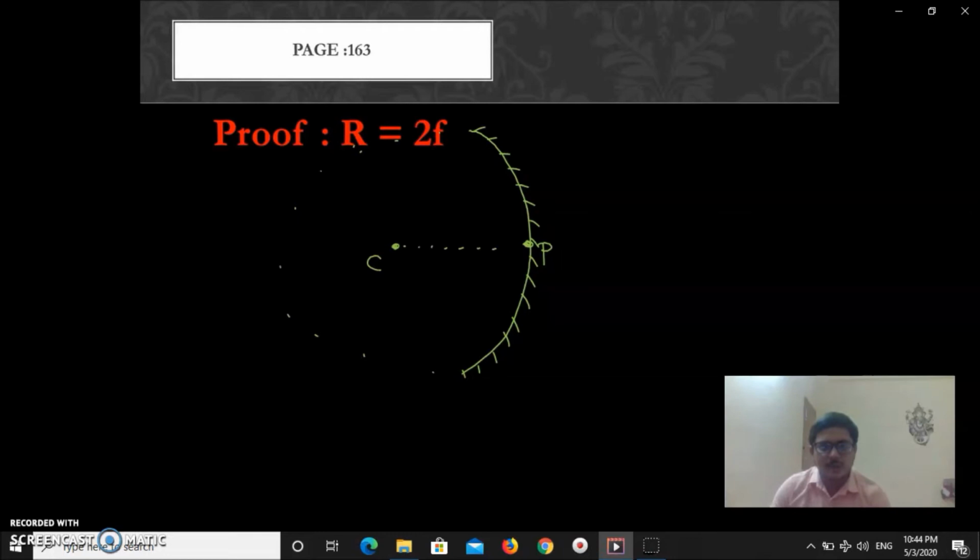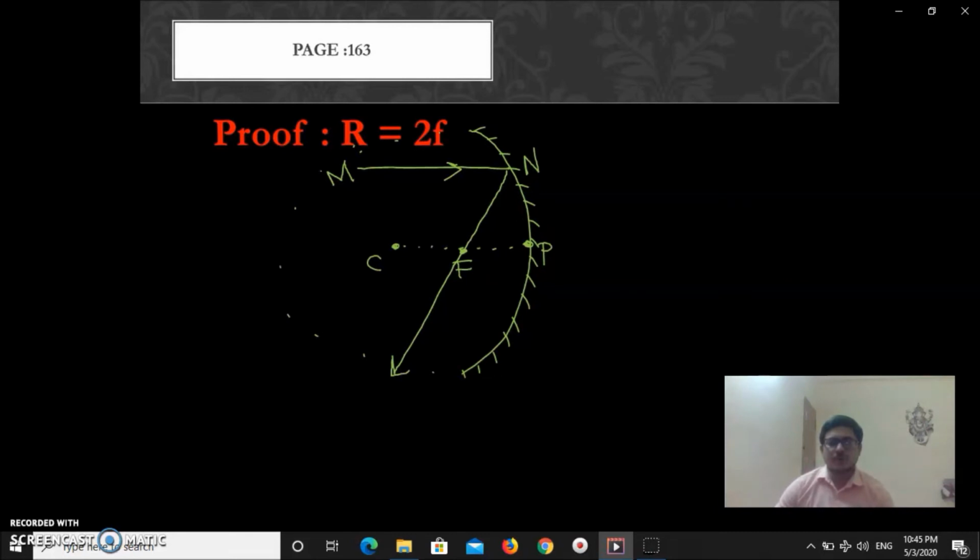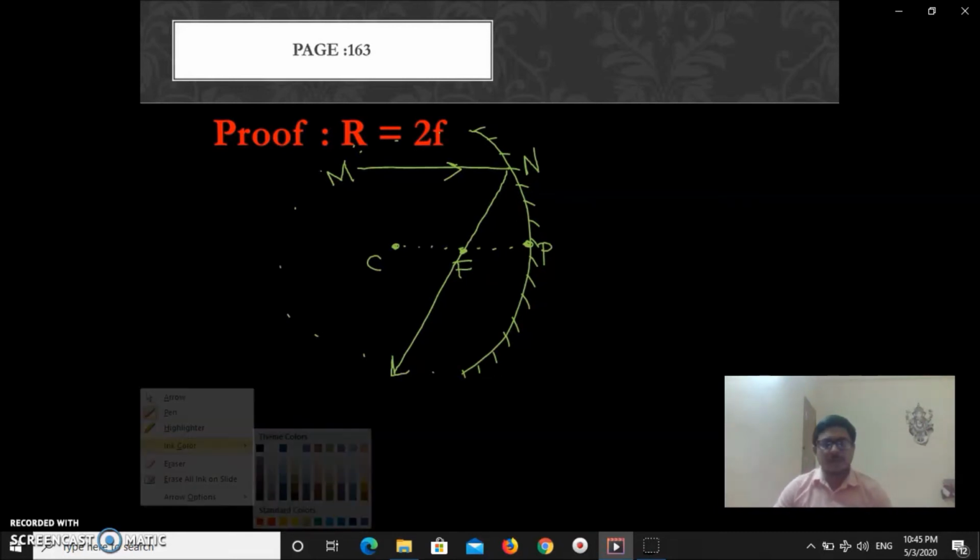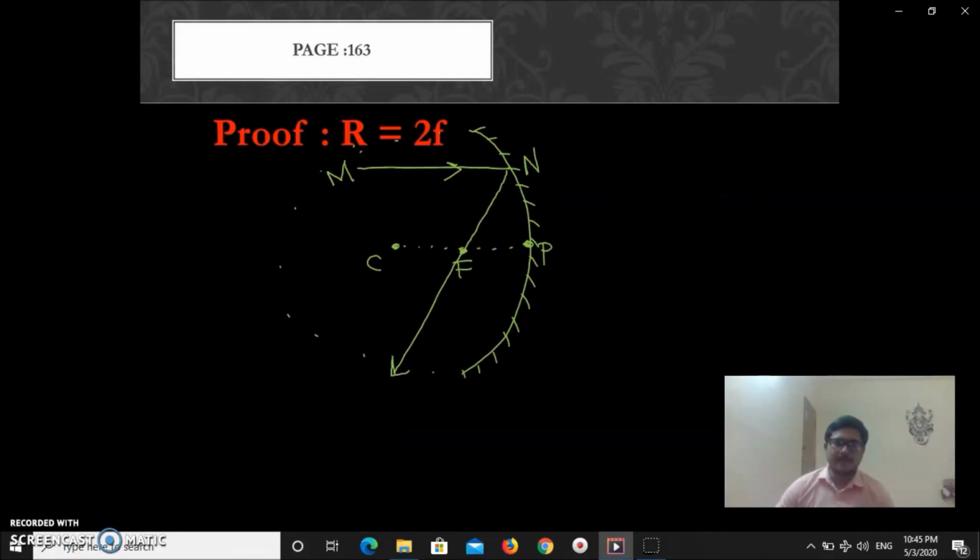Now I can join it by an imaginary line, that is the principal axis, with the middle point, focus F. I know if any parallel ray is there, after reflection from the mirror it will pass through the focus. Very good. So rays fall on the mirror and reflect back.